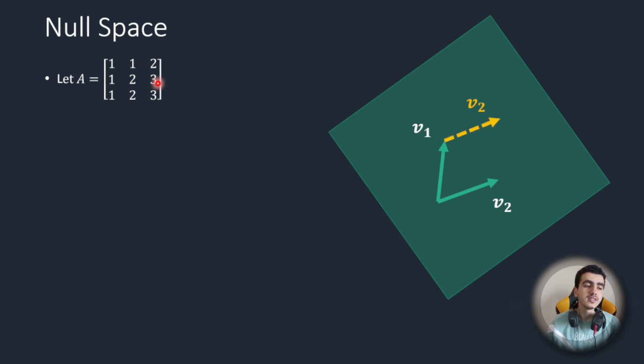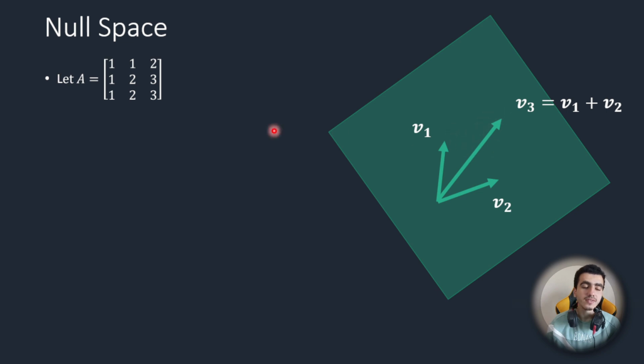For example, here I say this v2 is just the addition of these two vectors. So if I move this magnitude here and output this, it will be the third vector in this matrix, which will be the addition of these two vectors, and it exists in the span of these two vectors or in the column space of these two vectors.